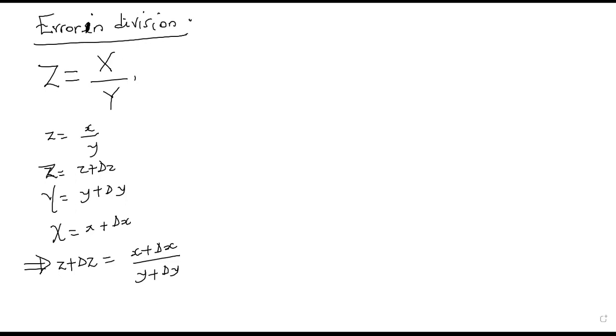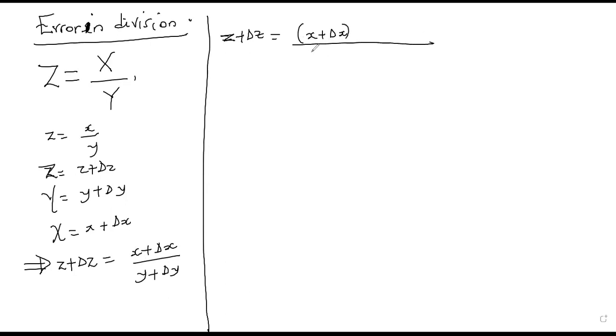You can use two methods, as I've told you. One can use binomial theorem, another person can rationalize. Now remember, z plus delta z is going to be equal to x plus delta x over y plus delta y.